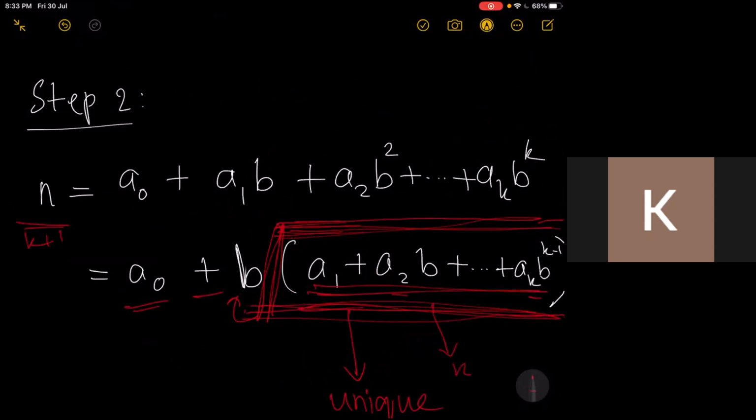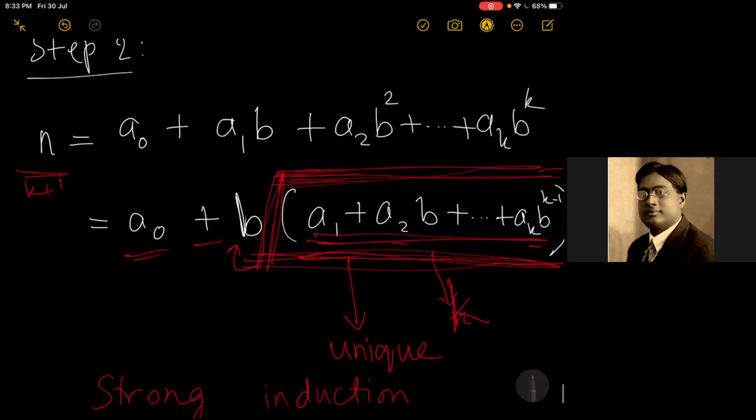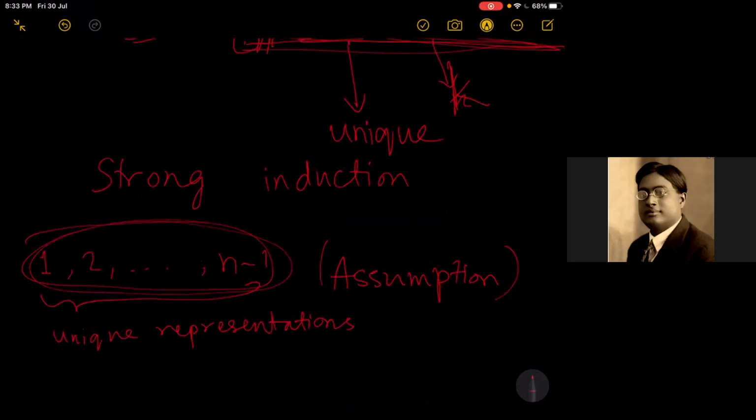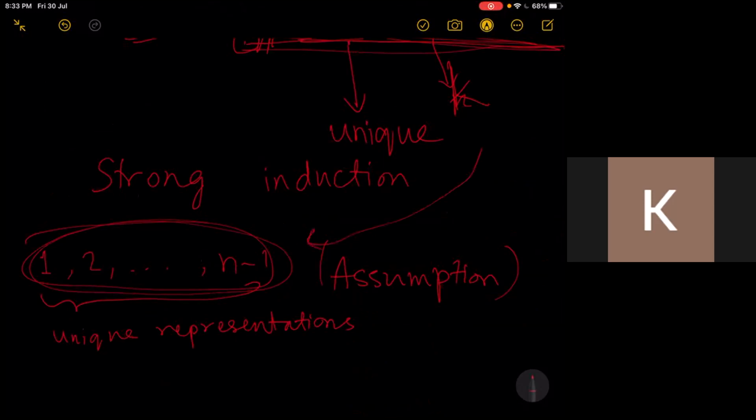So obviously this number is smaller than n, right? Yes, sir. So if it is smaller than n, it is inside this list, right? Because this list is just the list of numbers smaller than n. So if it is in this list, it has a unique representation.